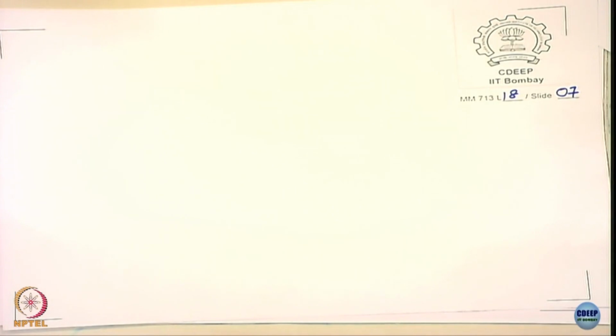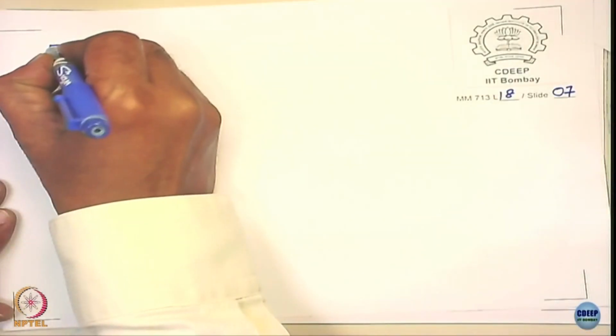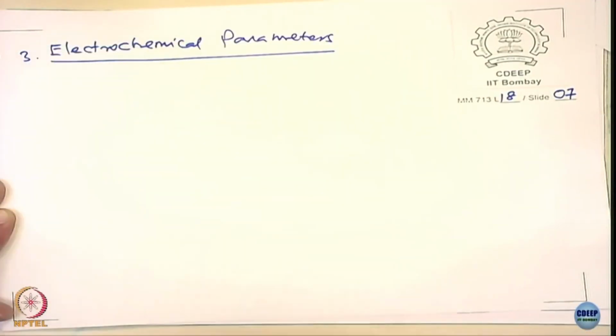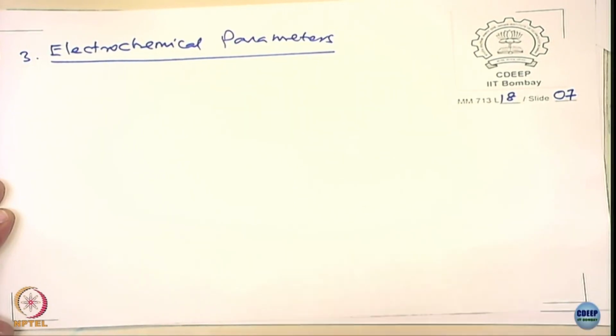So that is about the environment, and okay. Now let us look at the electrochemical parameters we have been discussing so far, right. Let us look at the electrochemical parameters in general. It happens in the passive system, right.